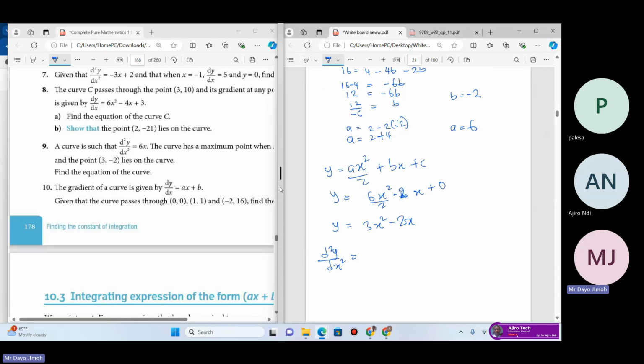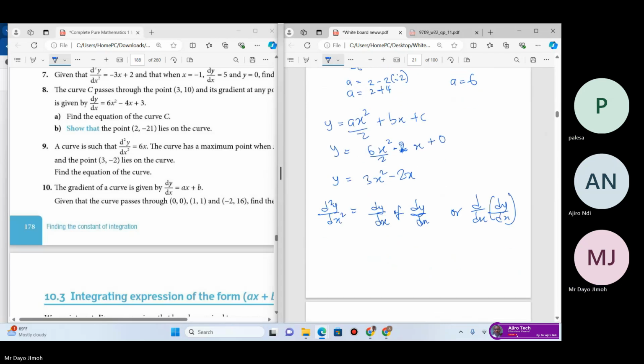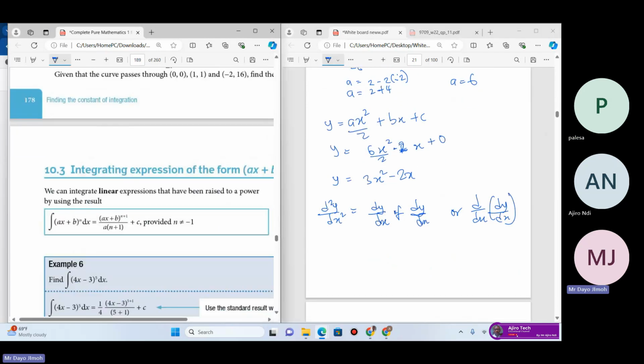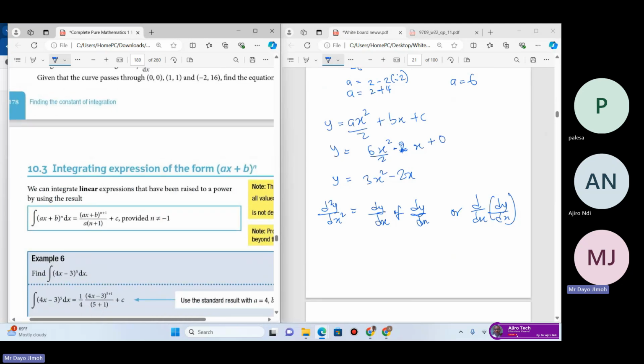That means dy dx of dy dx, or d dx of dy dx. Second derivative. So when you do it first time, now do it second time, right? Yes. Okay.